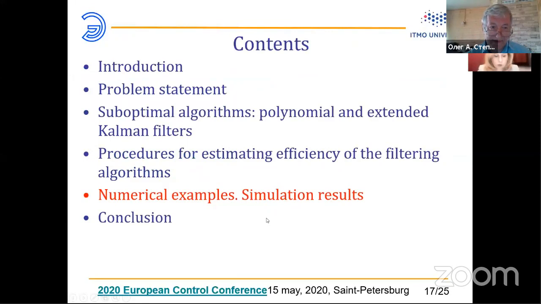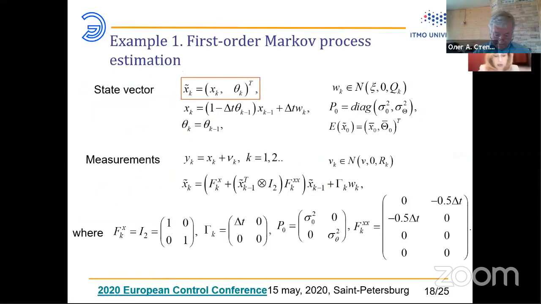And now I'm going to give you numerical examples. In the first example, I want to consider the identification problem of the first order Markov process that is often used in navigation to describe sensor errors, sensors like gyros or accelerometers. In this Markov process X, the parameter theta is unknown and should be identified.